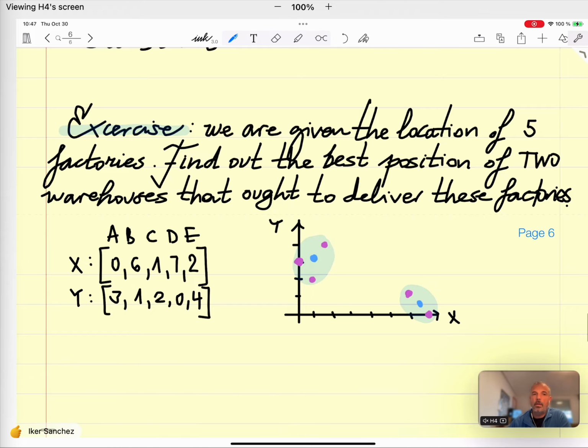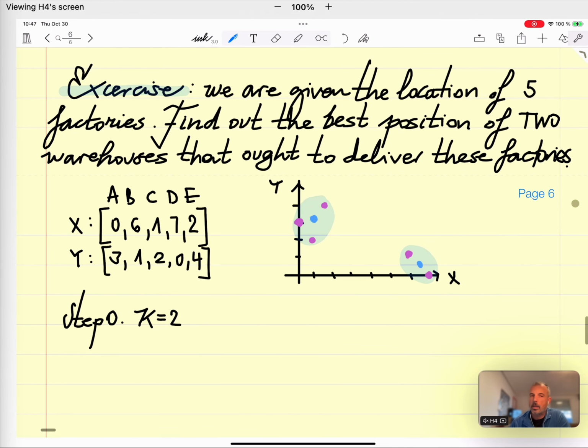So the first step, or step 0, following the algorithm above, is to decide, okay, because we are looking for 2 warehouses, K is 2. Then if nobody says otherwise, I choose 2 groups.